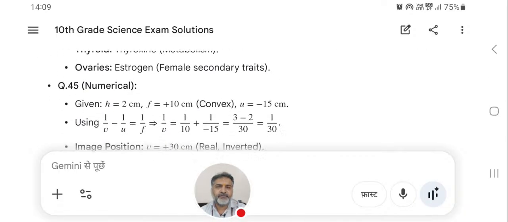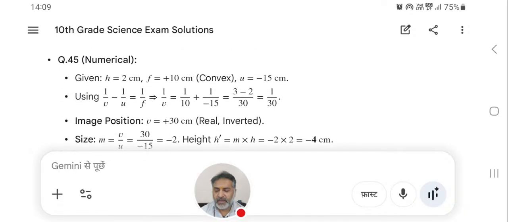Question 45, numerical. Given: object height h is 2 cm, focal length is 10 cm, convex lens, and u is equal to -15 cm. Using 1/v minus 1/u is equal to 1/f, 1/v is equal to 1/10 plus 1/-15, so 1/30.